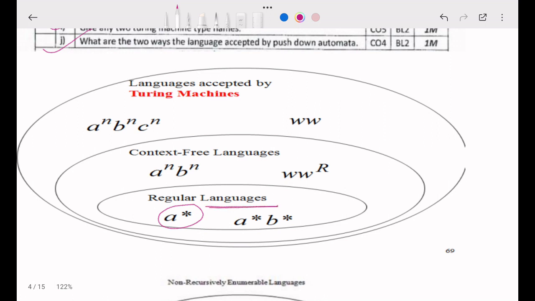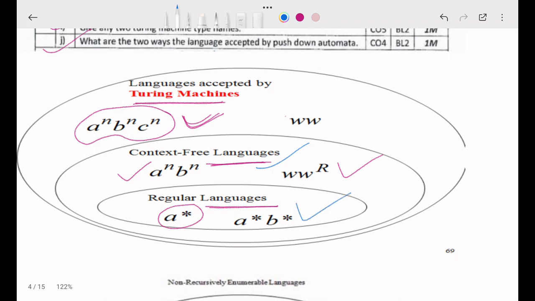And what is the upper language? This is the context free language. Examples are a^n b^n and WW^R, the famous examples. And another one, the Turing machine, is the upper level. Actually this is a^n b^n c^n, the context sensitive language, accepted by a Turing machine. A Turing machine can solve any problem, this problem as well as this problem as well as this problem.